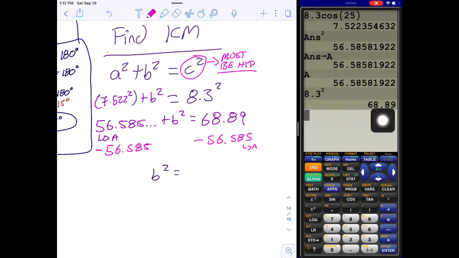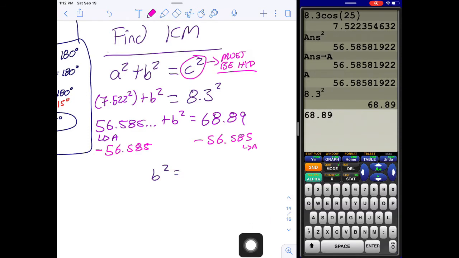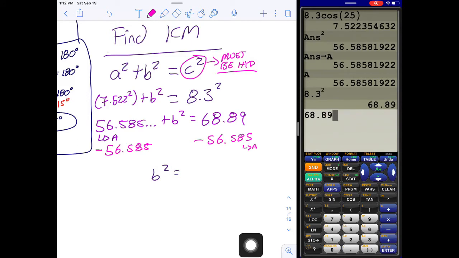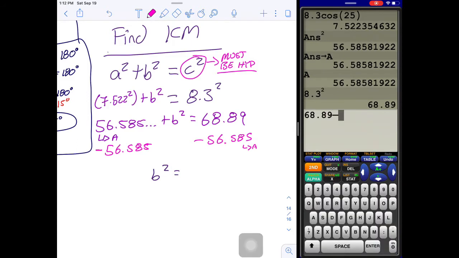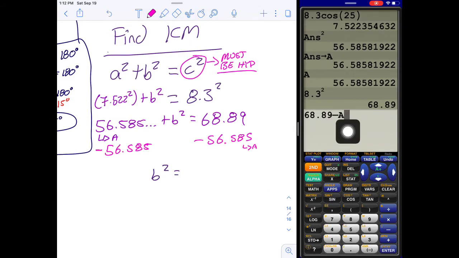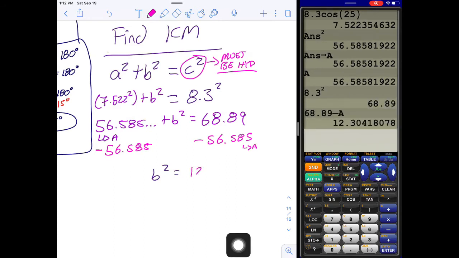So I'm going to take 68.89, and I'm going to press subtract alpha A, because remember, A is representing this big, ugly, long number. And that gives me 12.304, blah, blah, blah. And now to solve for B, we are going to square root both sides.